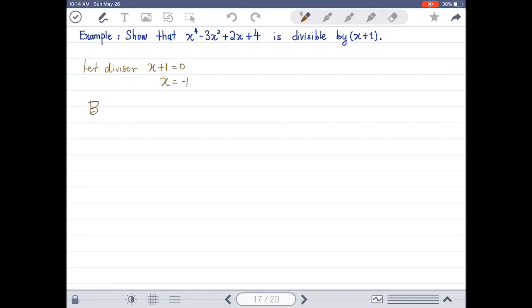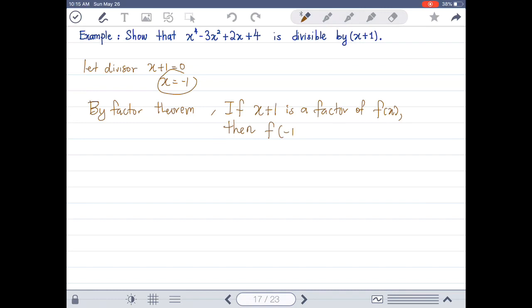By factor theorem, if x plus 1 is a factor of f of x, then f of negative 1 should equal 0.